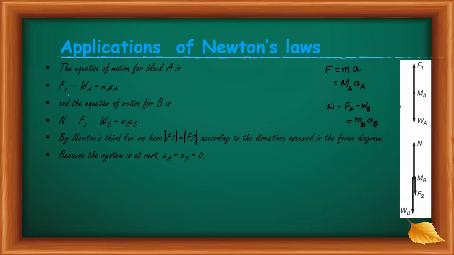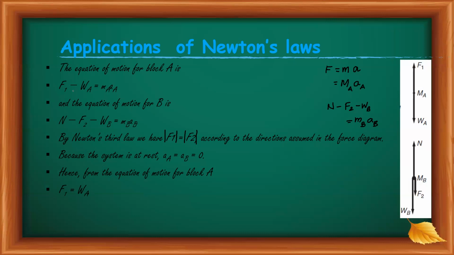So the above equation becomes F1 minus WA is equal to 0, or F1 is equal to WA.